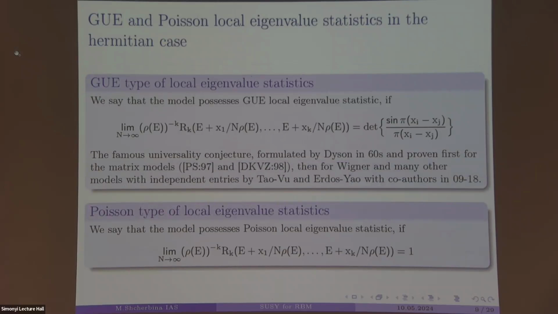And for many years, and till now, one of the most challenging problems of random matrix theory is to prove for some models that there is GUE universality type for local eigenvalue statistics. And first it was proven, of course, for Gaussian GUE by Mehta. It was in the 70s, many years ago.